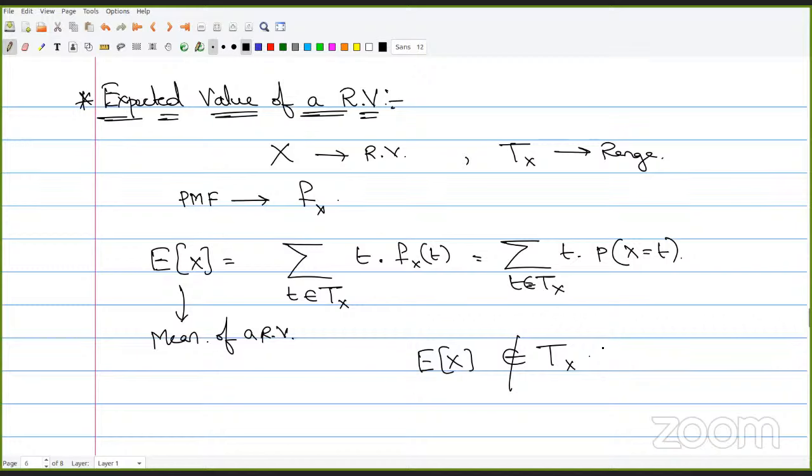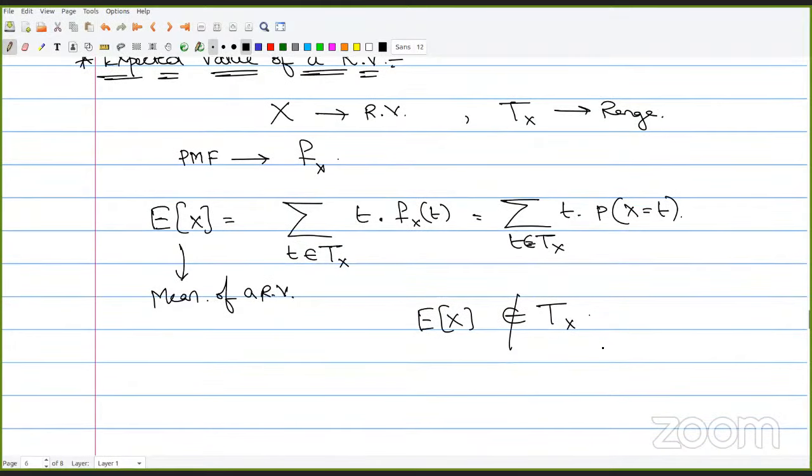It will be within the range, but x might not take that value. Like in the case of throwing a die, it comes to 3.5, but x is not taking 3.5. X is taking 1, 2, 3. So the expected value will be inside the smallest and the largest values, but my random variable may not take that value. Right. So this is one important property of expected value.